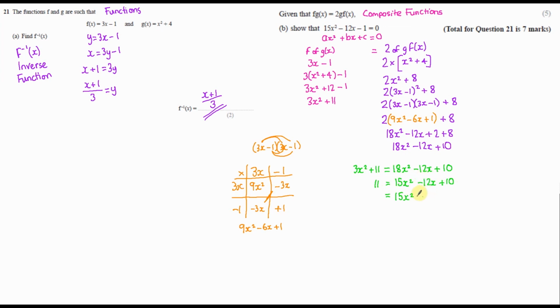The minus 12x will stay as it was, and then 10 minus 11 gives us minus 1, and we've got 0 on that side. So we've now shown that when you substitute in your values into this expression, we've shown that 15x squared minus 12x minus 1 equals 0.